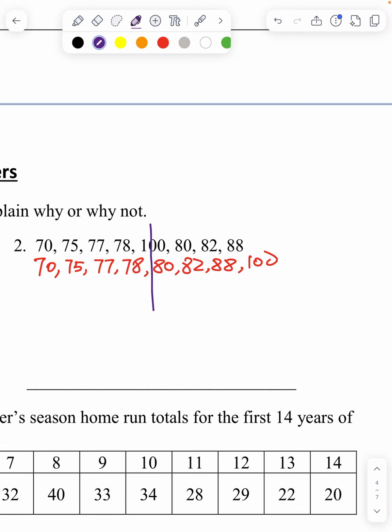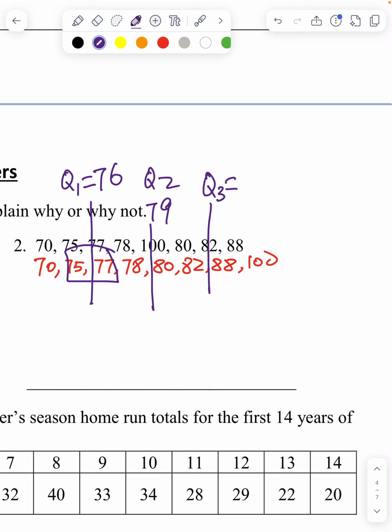Q2 is also 79. And then Q1, we need to average these two. So Q1 is 76. Here, Q3 is 85. So IQR is 85 minus 76. This is only 9.